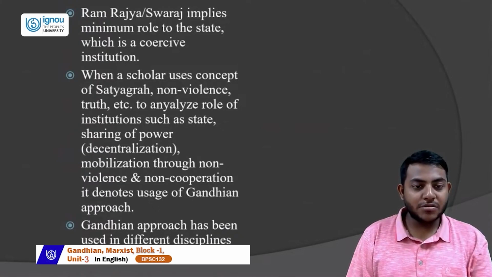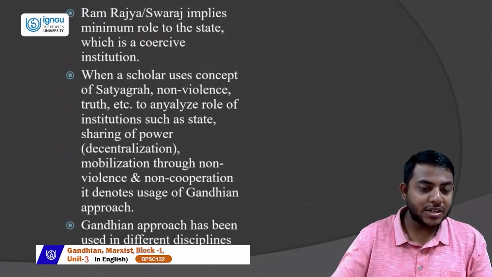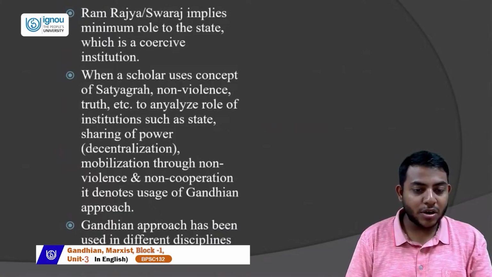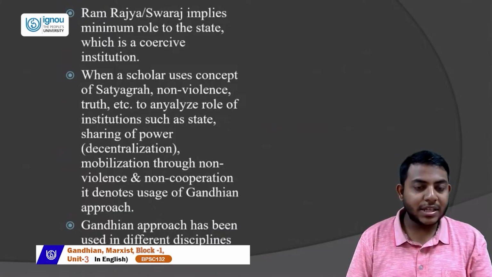So when a scholar uses concepts of satyagraha, non-violence and truth to analyze the role of institutions such as the state, sharing of power, decentralization, or mobilization through non-violence and non-cooperation, it denotes the Gandhian approach.